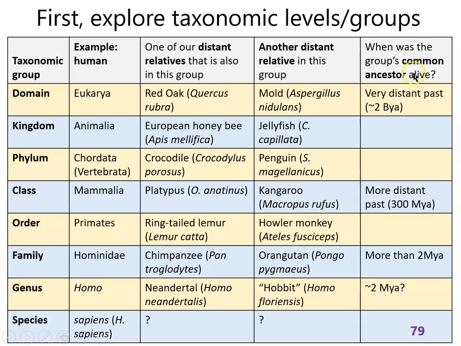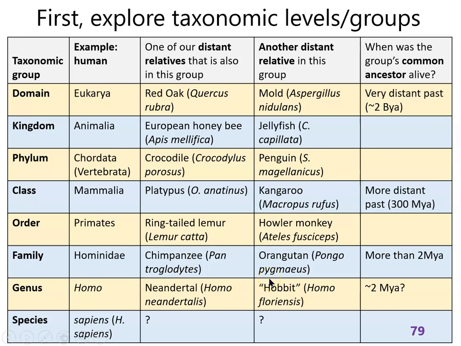The last part of this table is, when was a common ancestor of this group alive? A genus, for example, is made up of several different species that all have one common ancestor. We can trace them all back to a common ancestor. When do we think that common ancestor was alive?